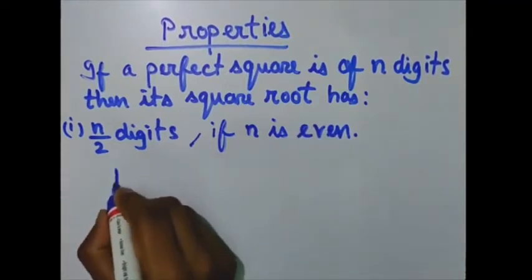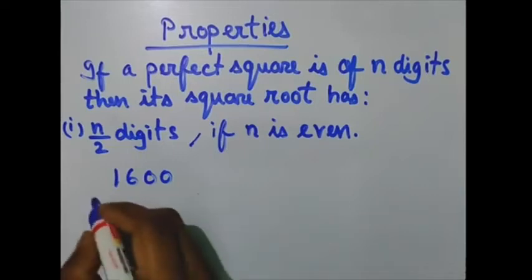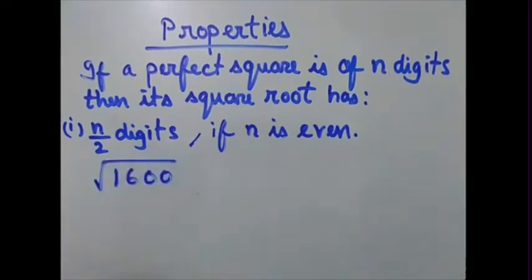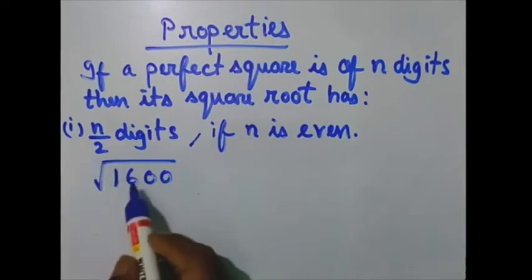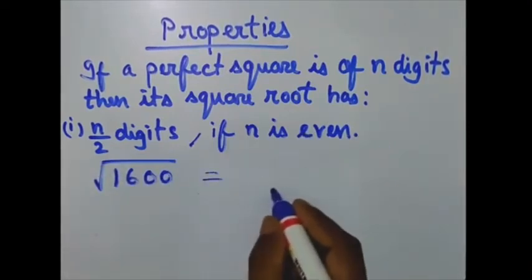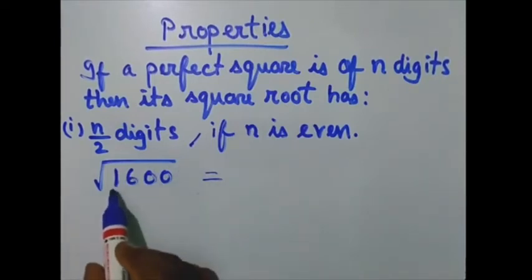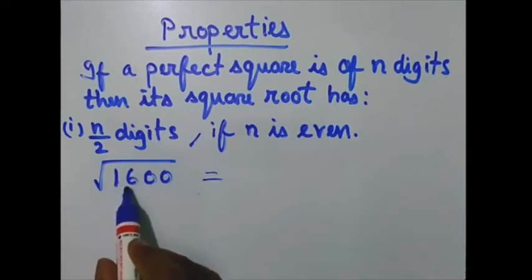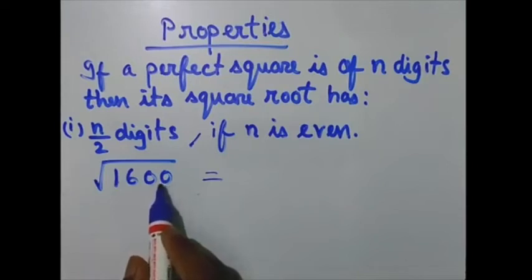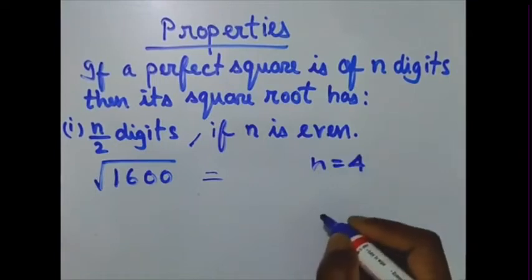Let's say the perfect square number is 1600. If I have to find the square root of this number, then I can identify the number of digits of the resulting square root, not the square root itself. So here how many digits does this perfect square number have? 1, 2, 3, 4. So n is 4.